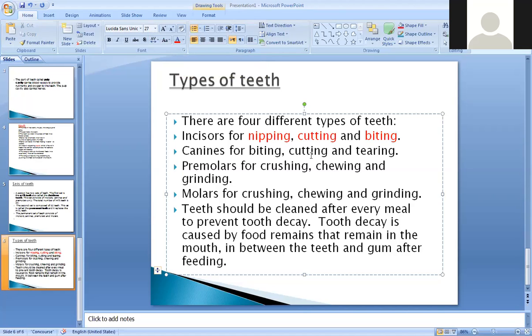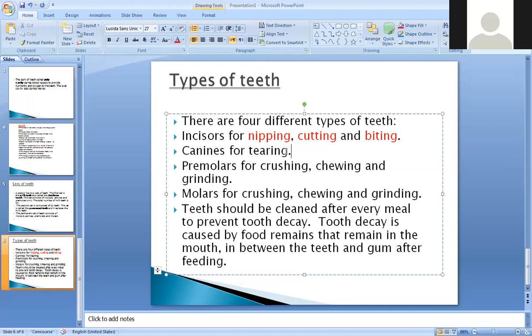Then we have the canines. Canines are for tearing. Canines are used for tearing flesh from a bone.